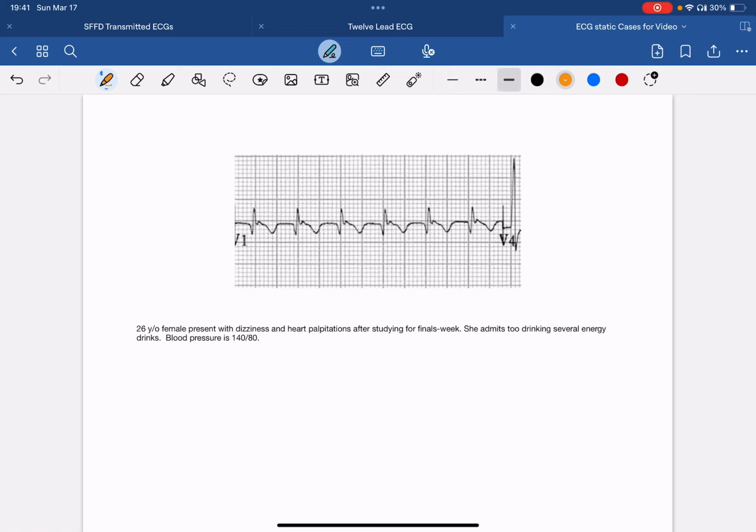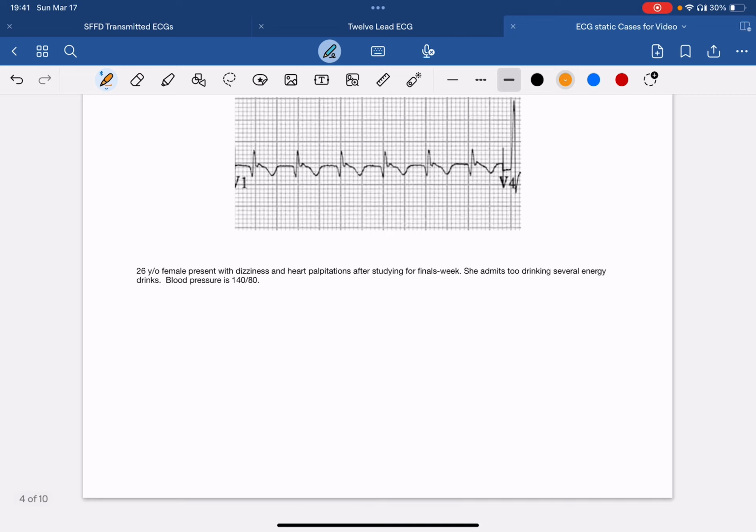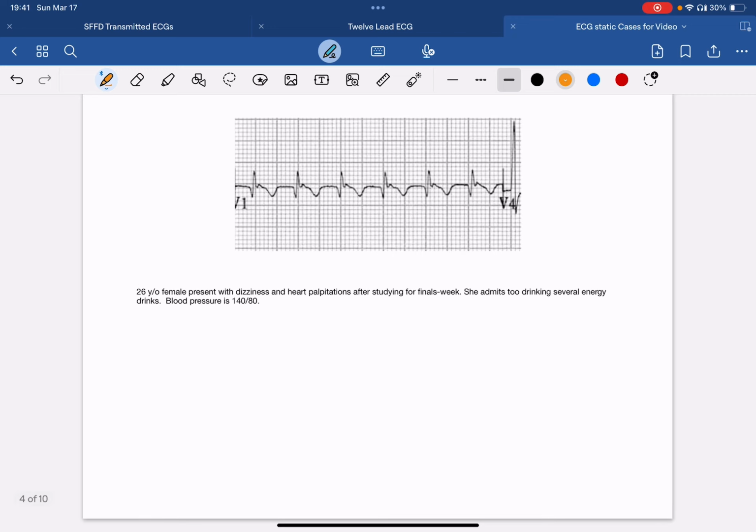So anytime we have a regular narrow complex tachycardia, our differential is going to be quite simple. First on the differential, sinus tach is usually a cause of regular narrow complex tachycardias. We have a flutter with 2-to-1 conduction. That's another common cause of regular narrow complex tachycardias.